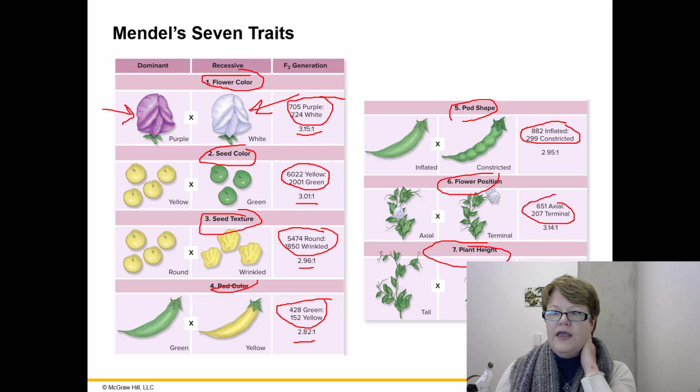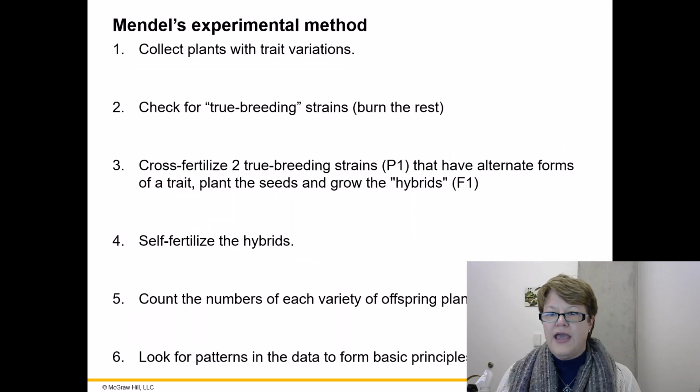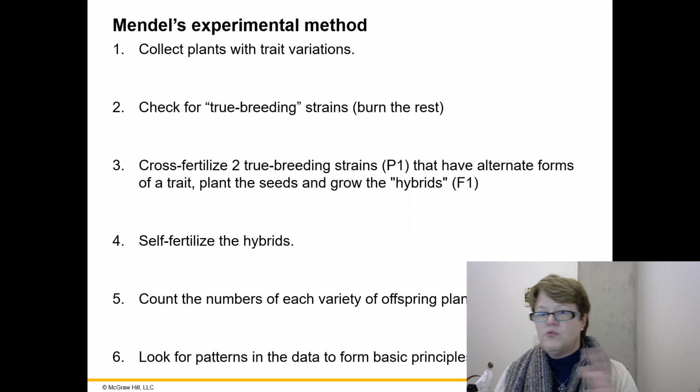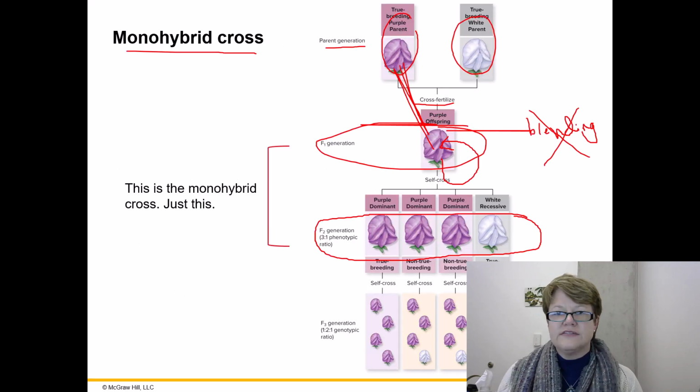And so that, he knew that meant something because it was happening over and over again. He could replicate it in different pairings with different types of traits. So when you can repeat something, when you can show something happens in somewhat different contexts, it means you have something. And also, he never saw any blending with any of the traits.